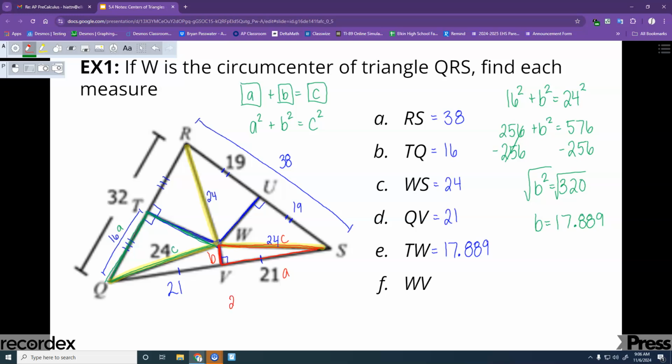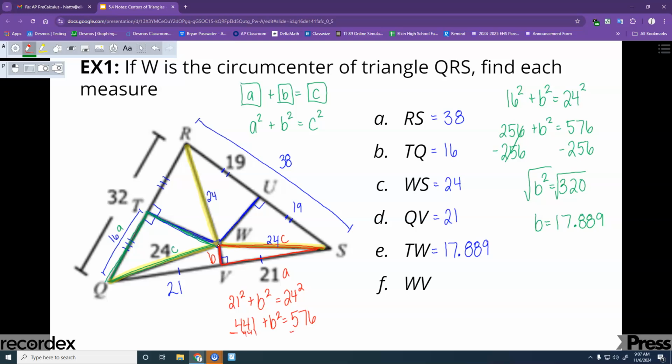So 21 squared plus b squared equals 24 squared. And so 21 squared is 441. And we already did 24 squared. It was 576. We'll have to subtract.